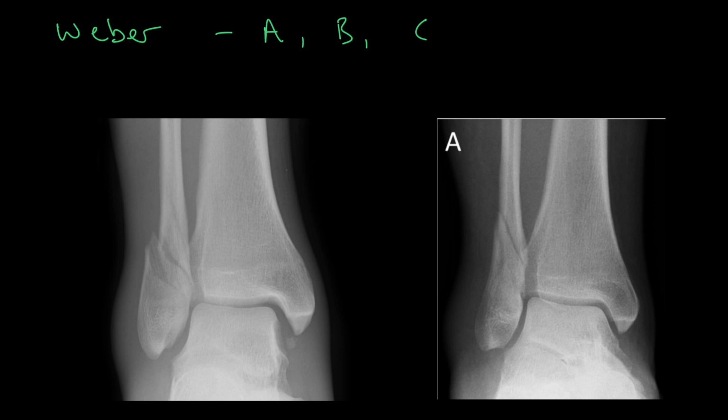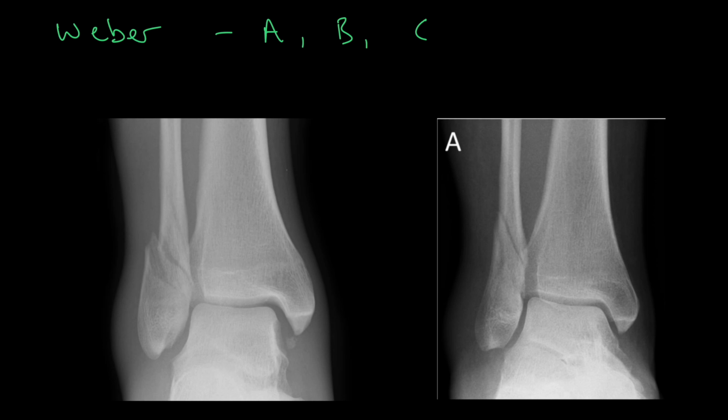A Weber A fracture will be below the line of our joint space, so here. A Weber B fracture will meet at the line of the joint space, as we see in both of these x-rays where the fracture meets the joint space there, and a Weber C will be above, so anywhere above this, if the fracture was here, for instance.